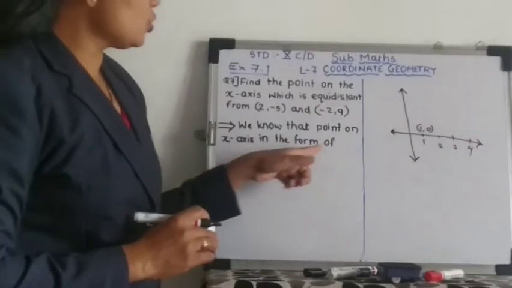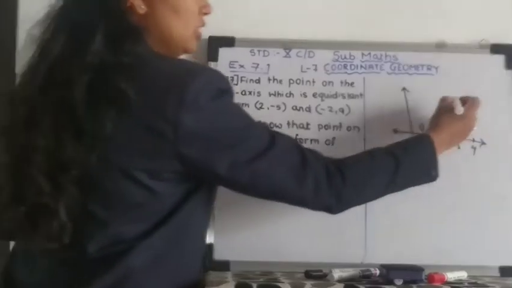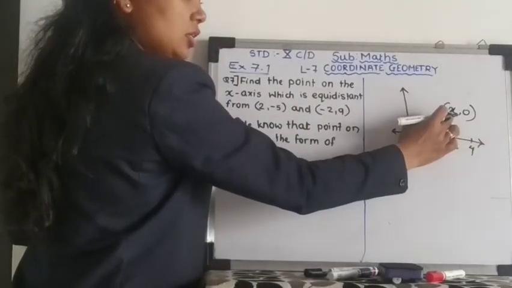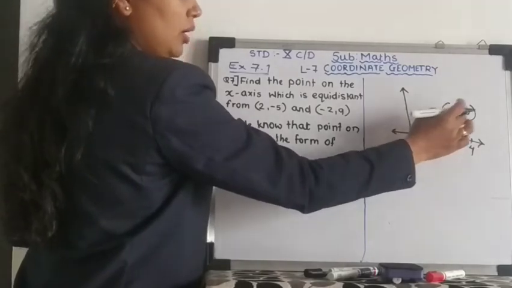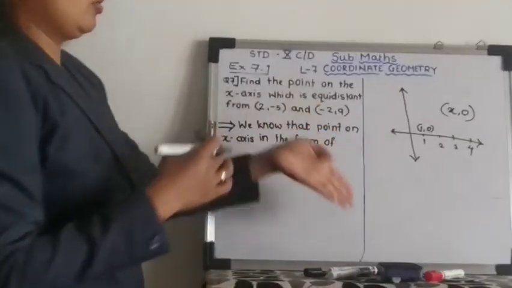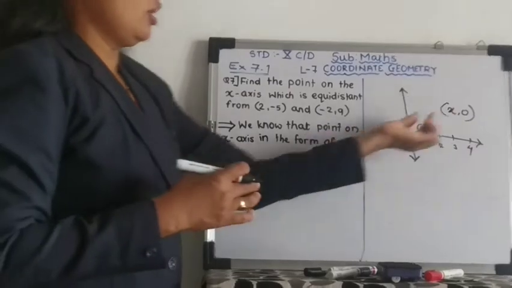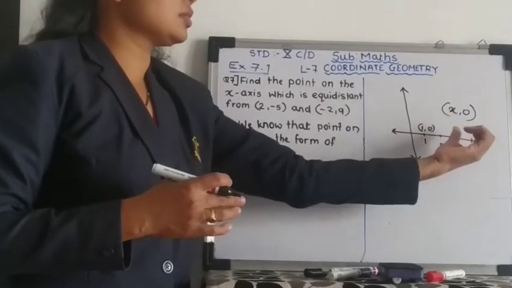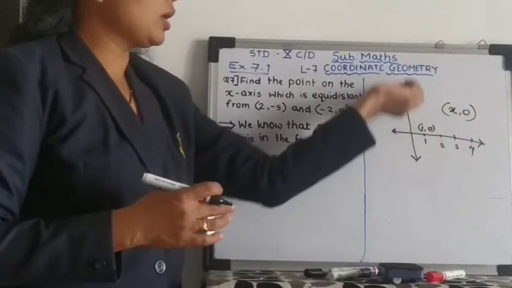So in a general way we will write x, 0, because x is the unknown number, any number on the x-axis, and 0 is from the y-axis.